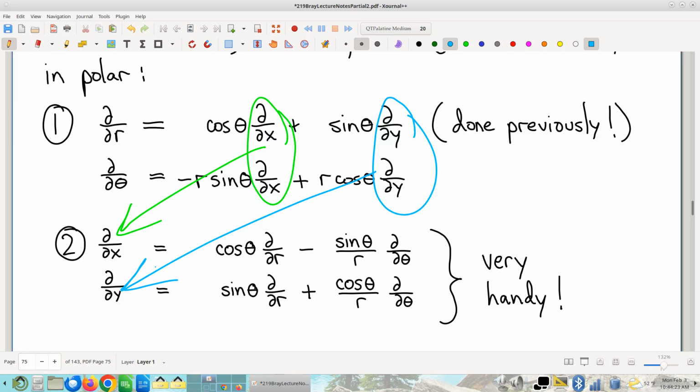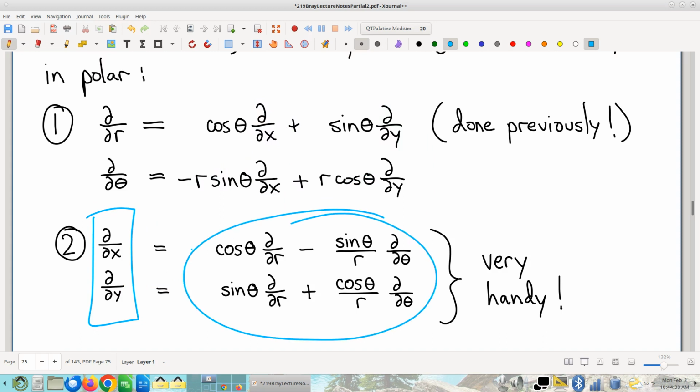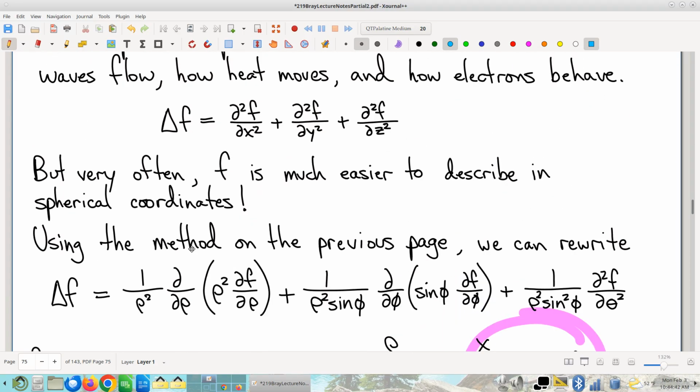You can just solve for them, no big deal, and these are your results. And notice what I have then is I've taken, in effect, rectangular operators, and now I've got them written in polar coordinates.